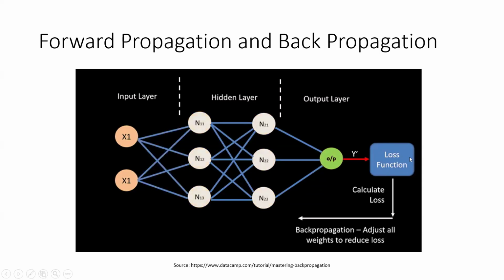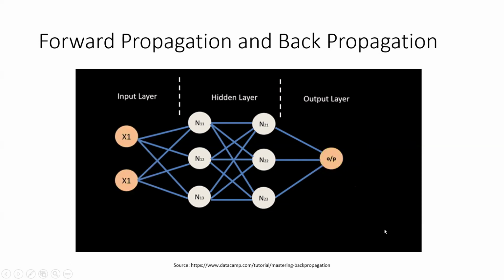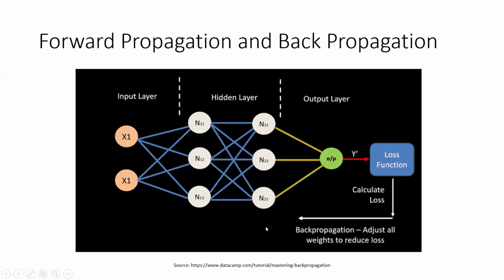First, you calculate the loss, and then you backpropagate to adjust all the neurons. That is how the weights get updated in each step.